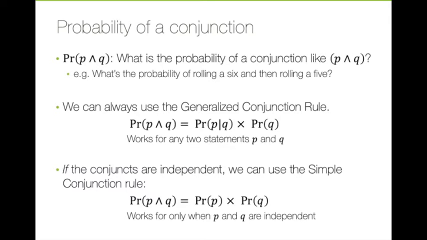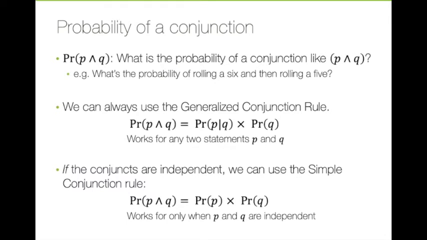P and Q can be either direction because the order of the statements in a conjunction doesn't matter. But that means that the probability of P and Q either has to be the probability of P given Q times the probability of Q, or the probability of Q given P times the probability of P. So pay attention to the order on the right-hand side. And for conditional probabilities, we'll look at them a little more in a minute.